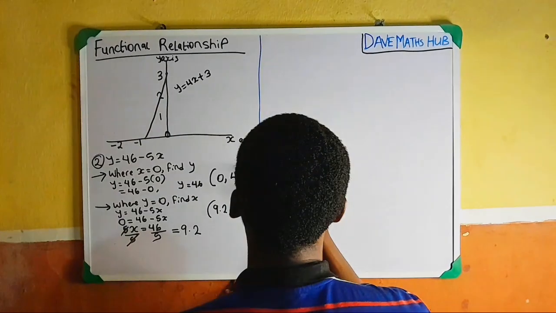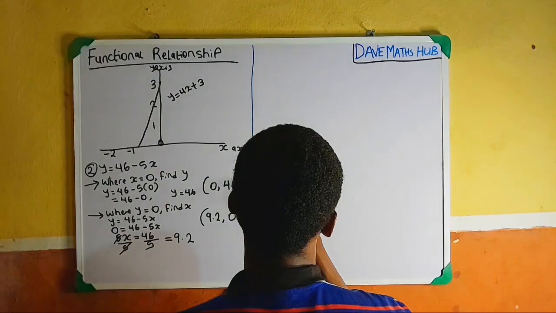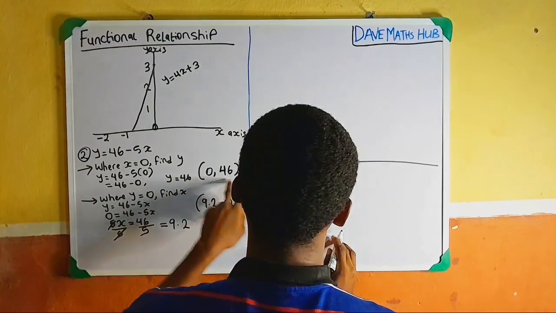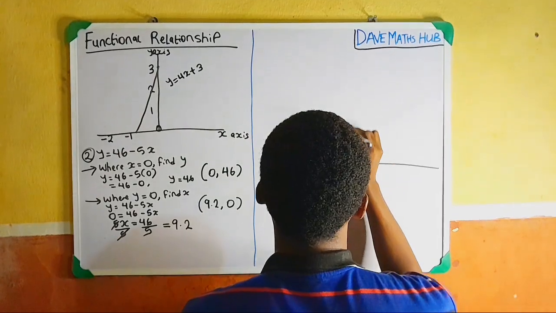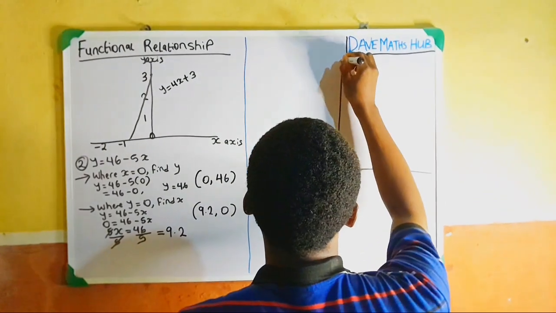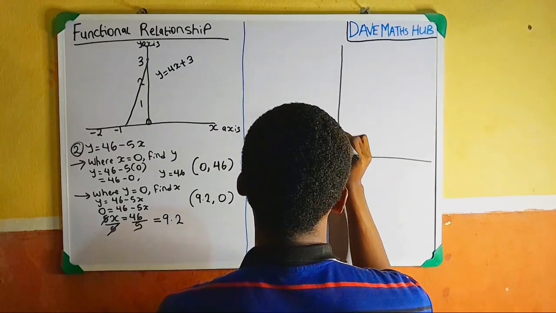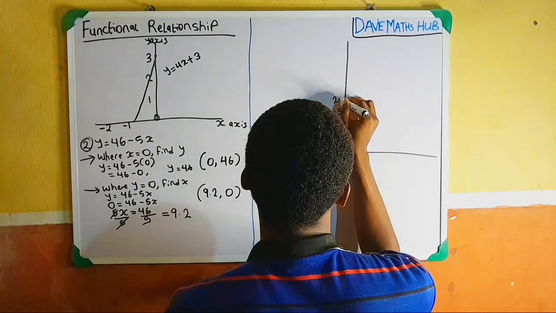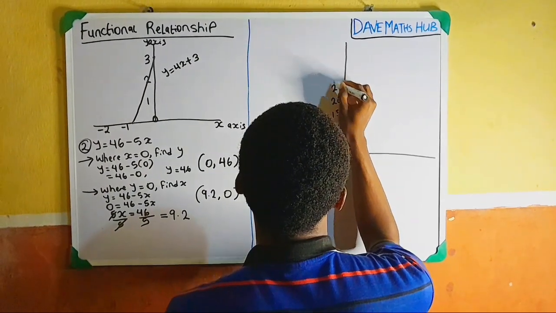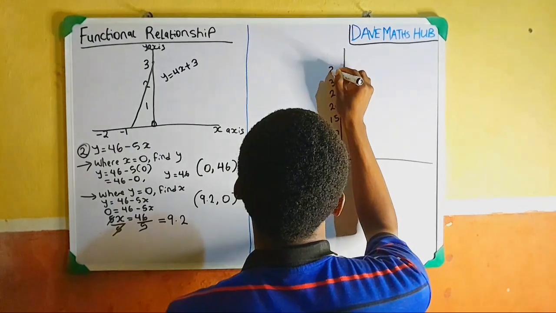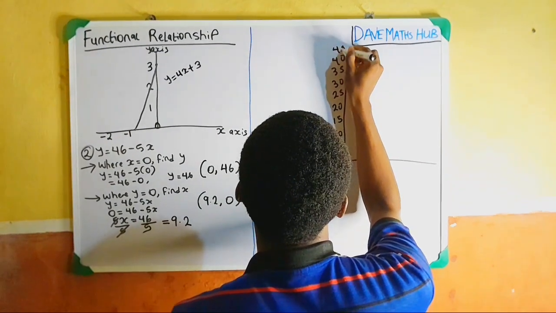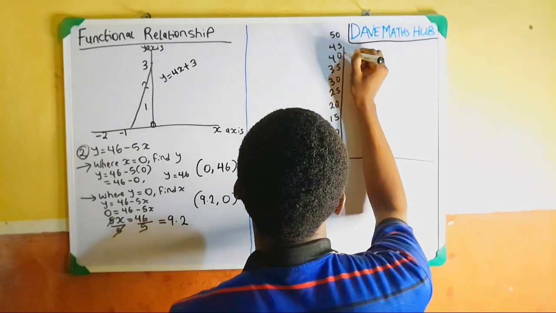Let us put this in a diagram. Since the highest of y is 46, let's make this 5, 10, 15, 20, 25, 30, 35, 40, 45, 50.